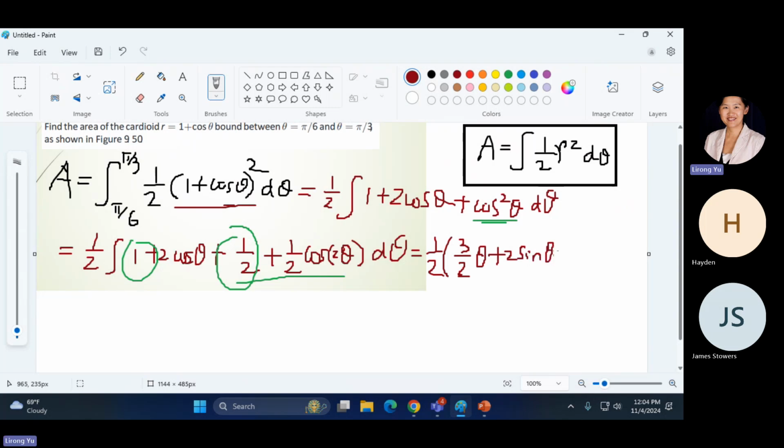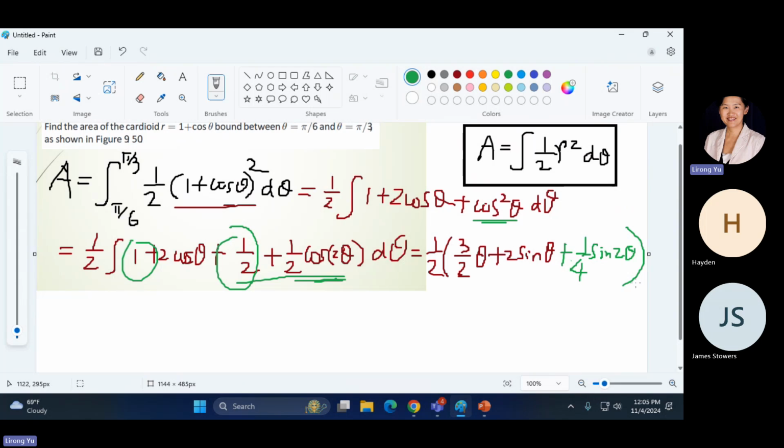That's the antiderivative for the 2 cosine. And then we find the antiderivative for the 1/2 cosine 2 theta. It will be 1/2 sine 2 theta, and you also have to divide by another 2, so it's easier to just write 1/4 sine 2 theta. All right, that finishes the antiderivative.